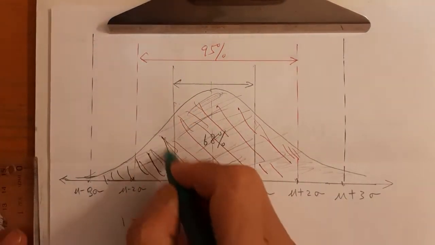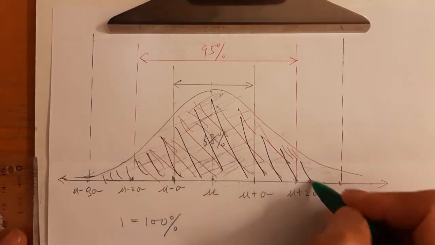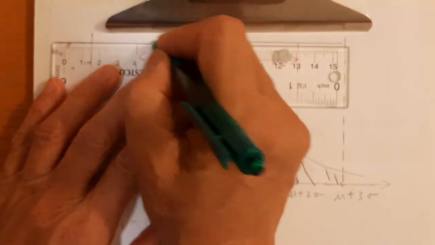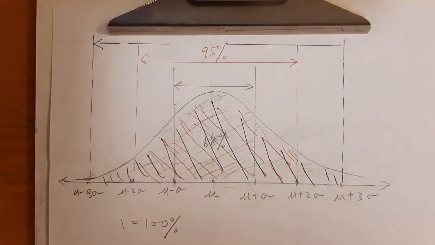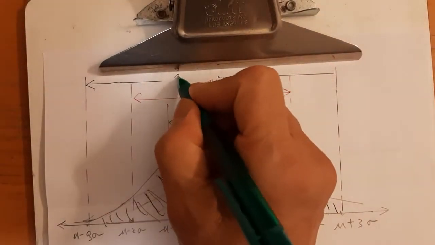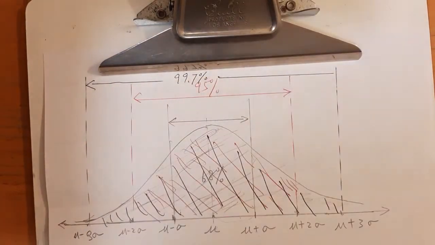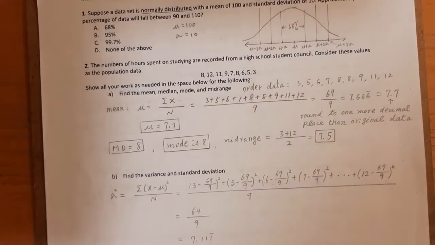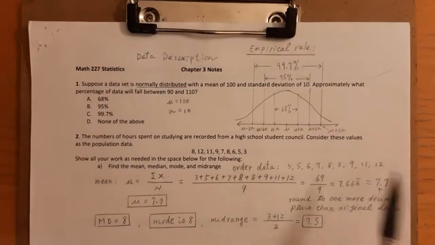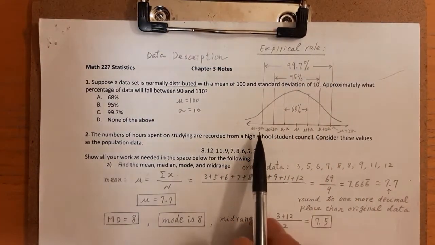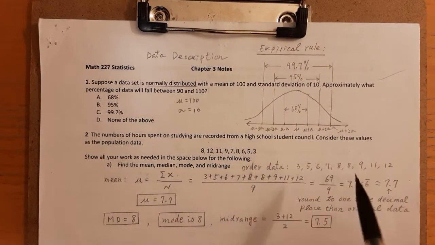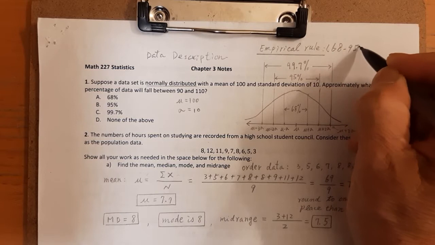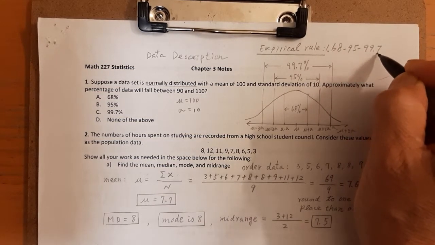Under the curve, this area is 99.7%. And this we call the empirical rule. It is also called the 68, 95, 99.7 rule.